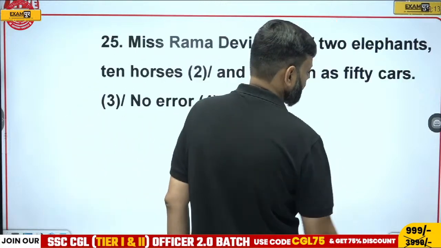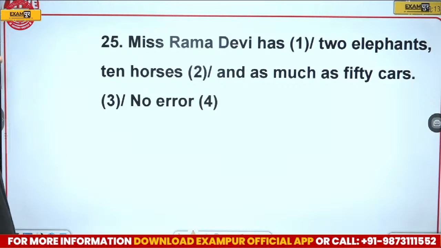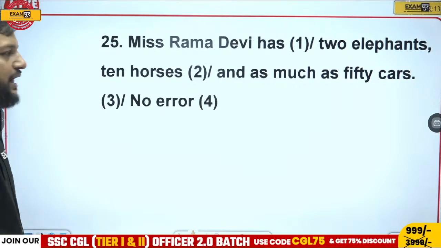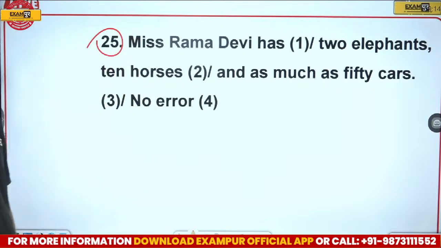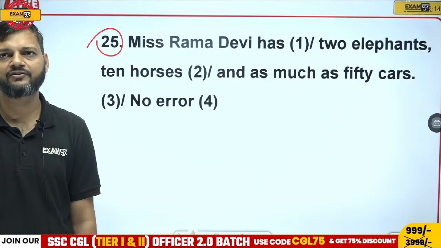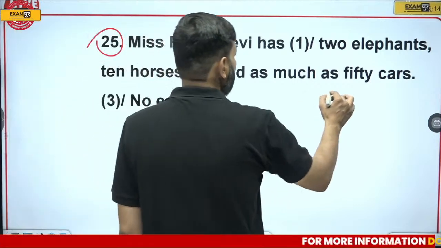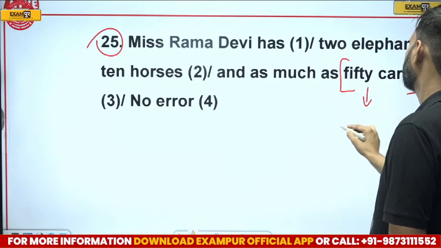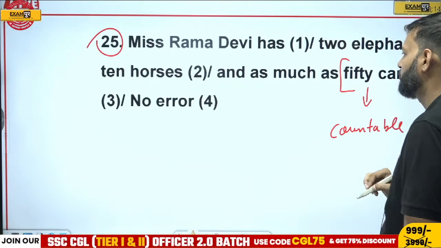Now, the last question for today. Miss Rama Devi has 2 elephants, 10 horses, and as much as 50 cars. See, here we are talking about cars, and car is a countable noun.